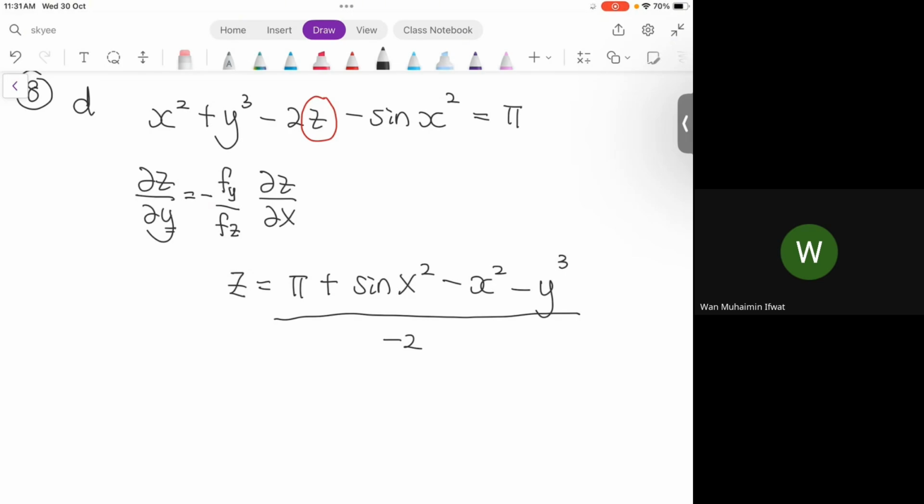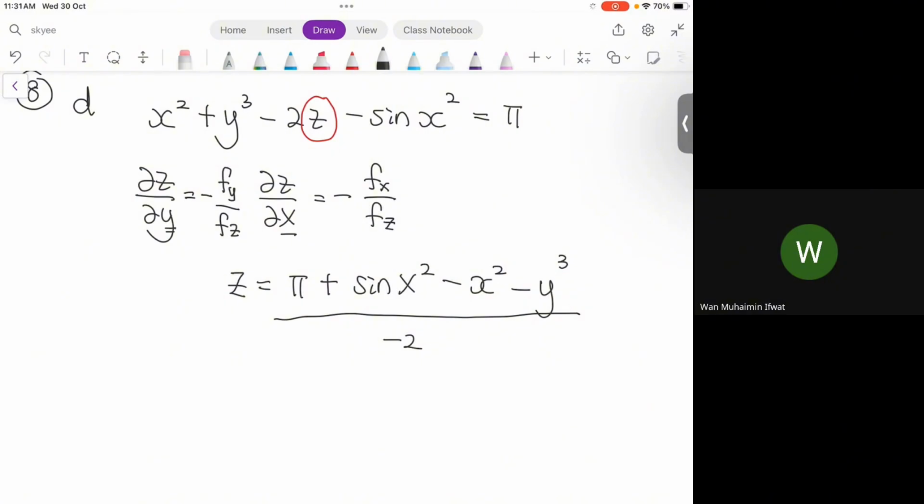So this is del z del y, and for del z del x, same thing. You have to put a negative, and then the function differentiated with respect to x, divided by the function differentiated with respect to z. So this is how you perform implicit partial differentiation.